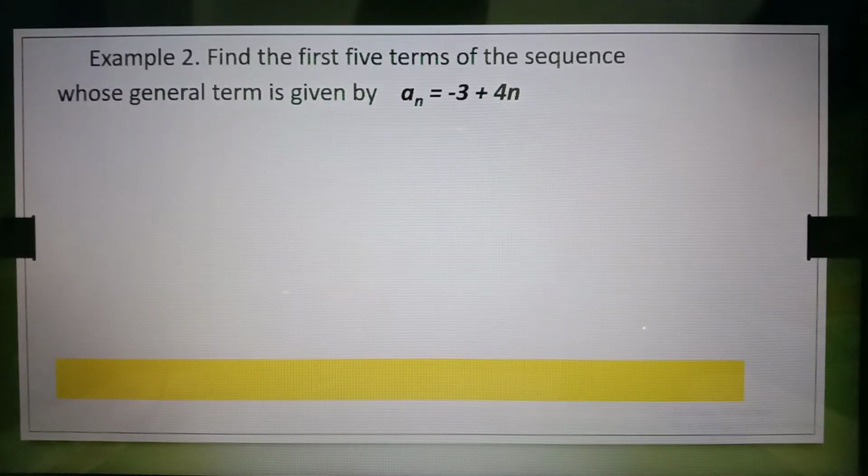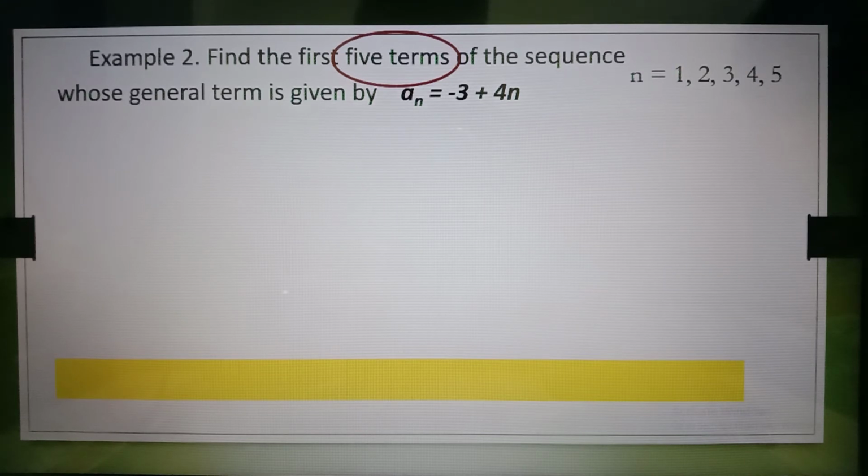Let us have example number 2. Find the first 5 terms of the sequence whose general term is given by a sub n equals negative 3 plus 4n. So, ang ating guide ngayon ay 5 terms such that n is equal to 1, 2, 3, 4, and 5. Okay, up to 5 tayo kasi ang hinahanap natin are 5 terms.